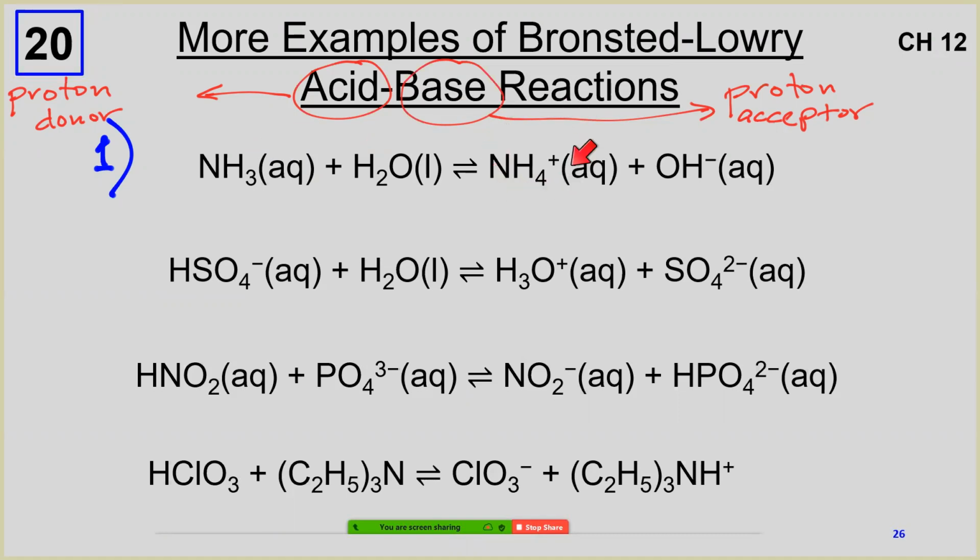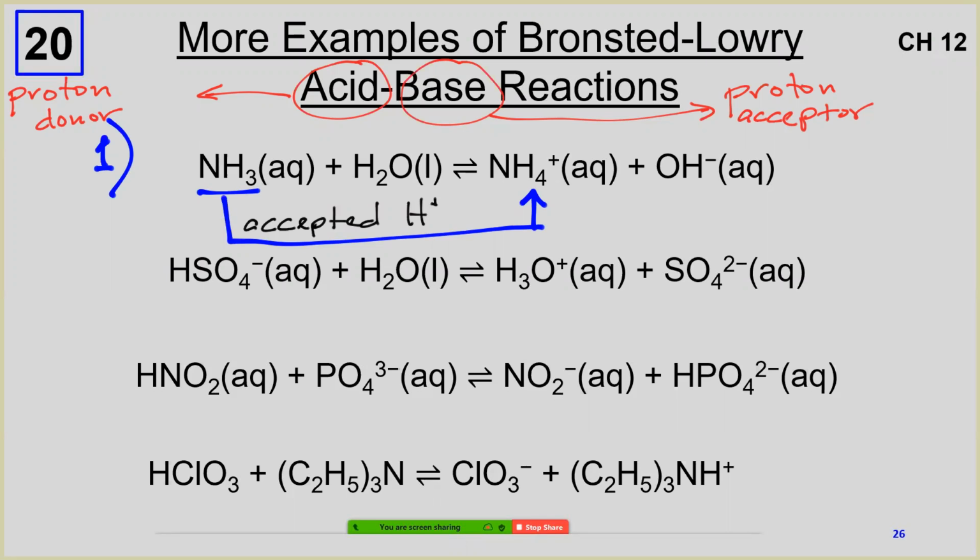It turns into NH4 plus, right? So the ammonia is the one that accepted a hydrogen ion.